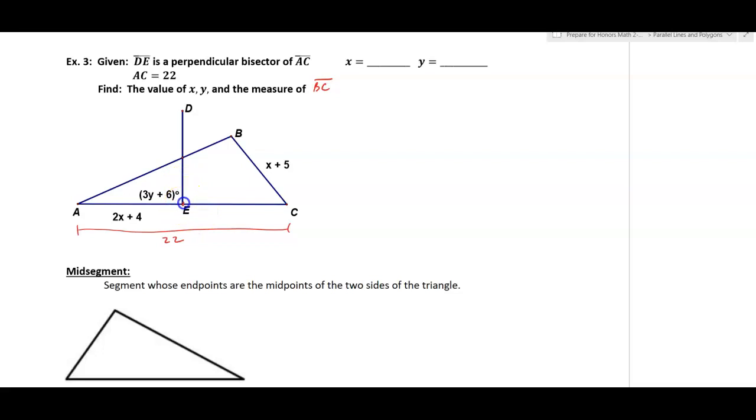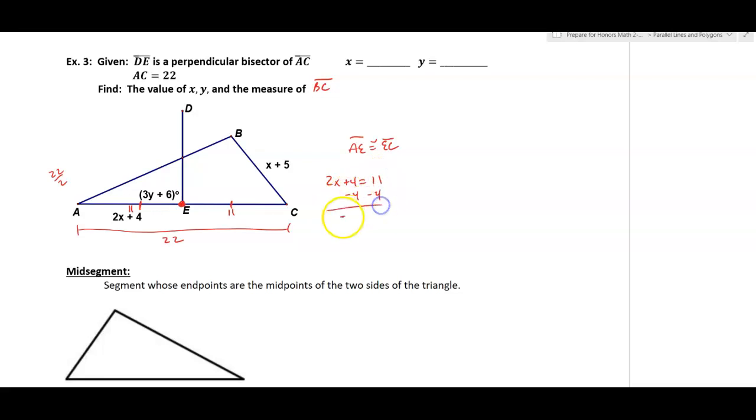This is a perpendicular bisector, I know AE is congruent to EC because I know E is the midpoint. Well, if the whole segment is 22, 22 divided by 2 tells me this segment is 11 units long, this segment is 11. So I basically can say 2x plus 4 is equal to 11.